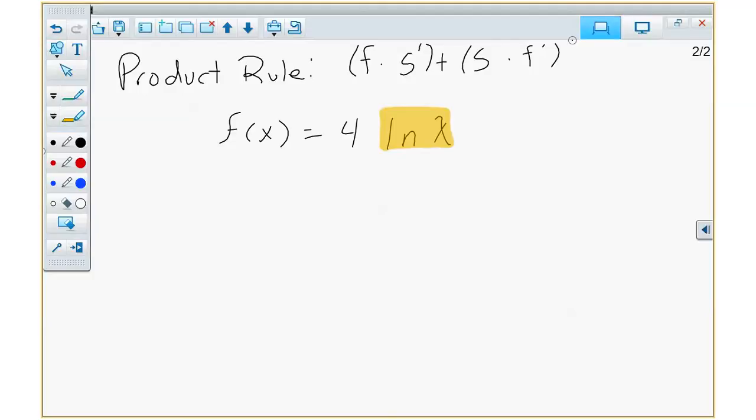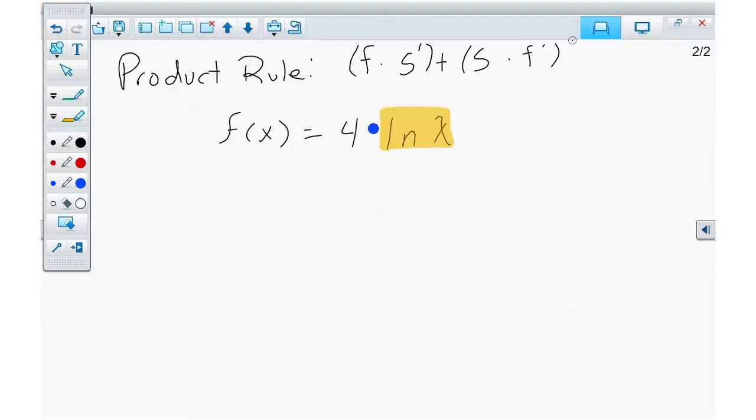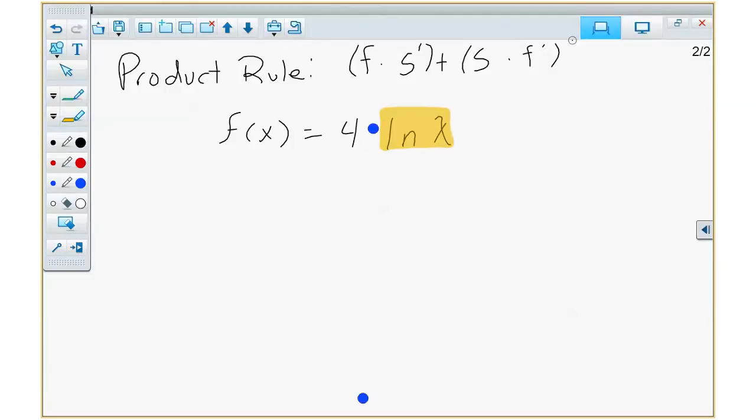Okay. Now, take your handy-dandy blue dot maker and put a dot right there, because what are you doing with that 4 and that natural log? You're multiplying. You've got a term here, and you've got a term here. So now we're going to use this rule. Now I'm going to write it out, and I'm going to do the derivative in red.